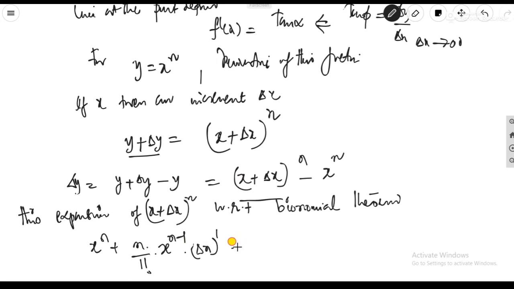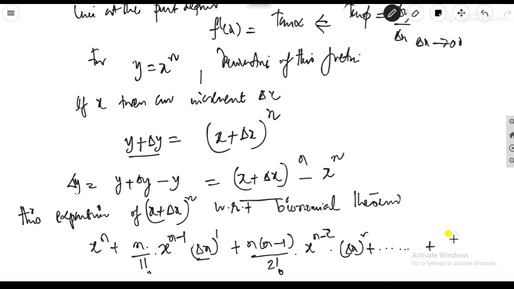This is the second term. The next term will be n into n minus 1 divided by 2 factorial into x power n minus 2 into delta x squared, and so on forth.